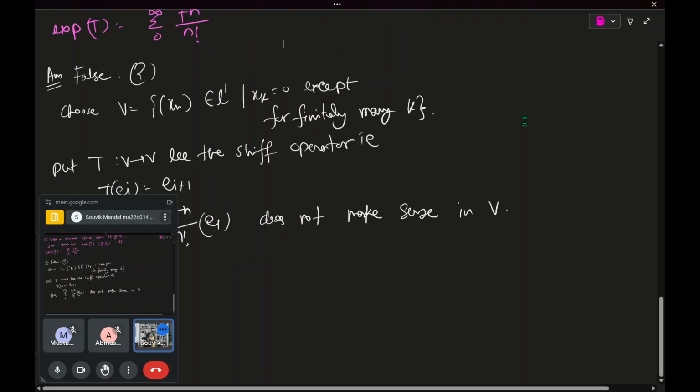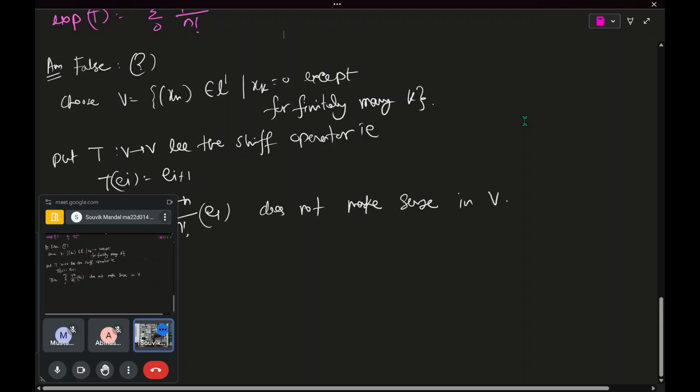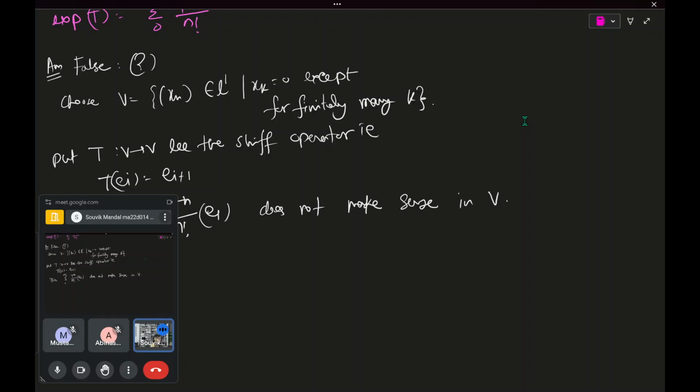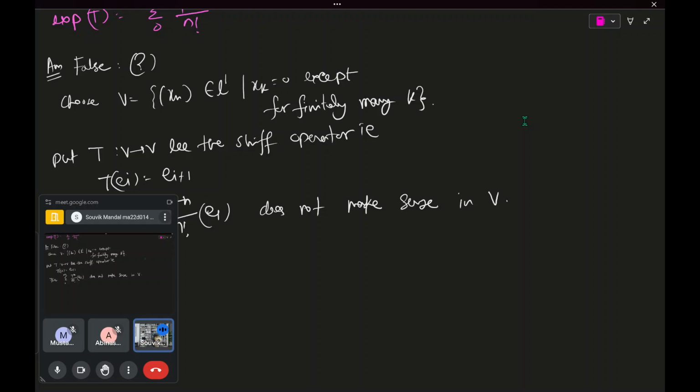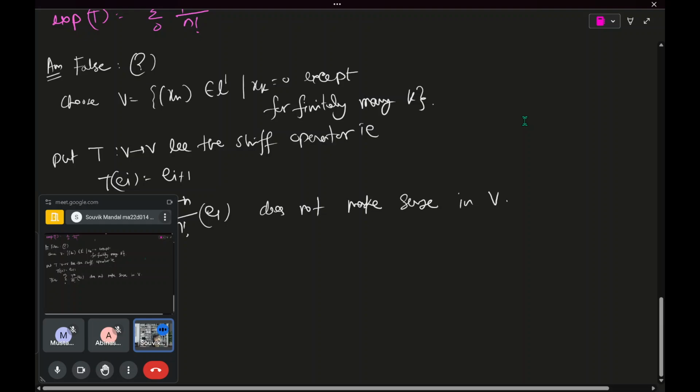Now the answer is false. Why? Observe that the same statement is true when V is a Banach space; for any Banach space, any bounded linear operator can be written in this form. But in general, if V is not a Banach space, this cannot be true. So what is the counterexample?